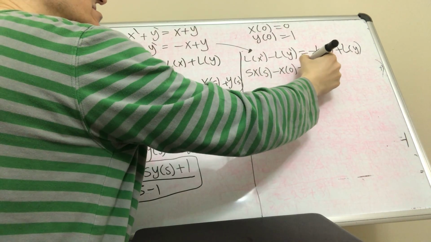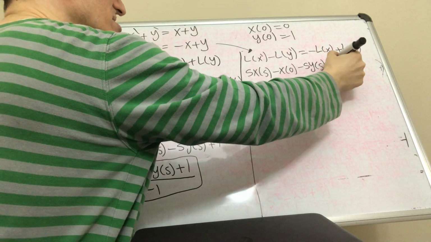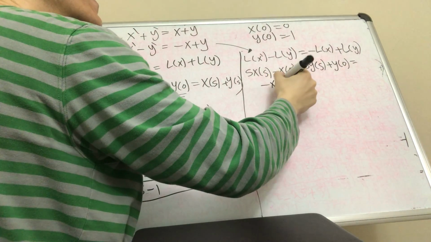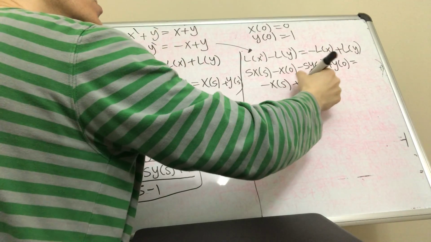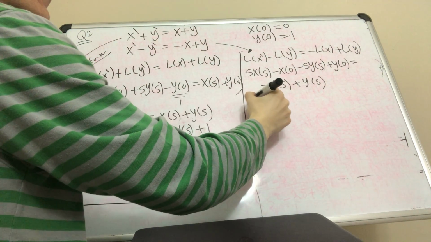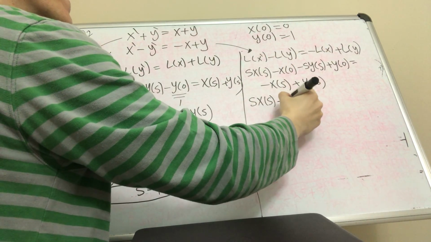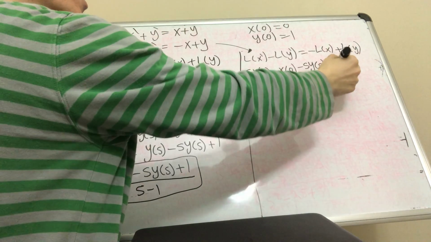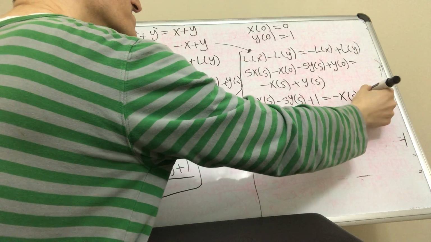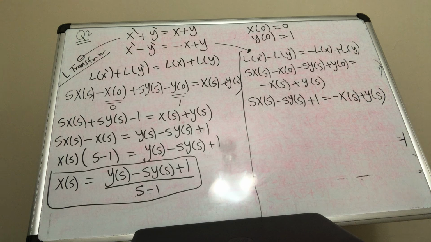This one minus s y of s minus minus plus y of 0. Negative x of s, y of s. Knowing that this one is 0, gone, y of 0 is 1, so we get this.